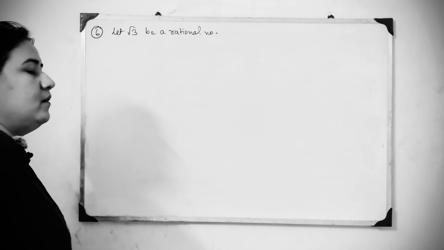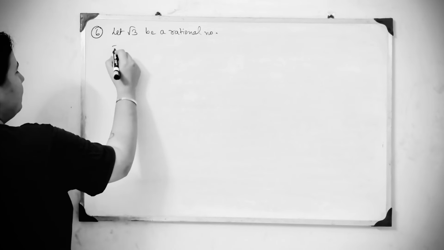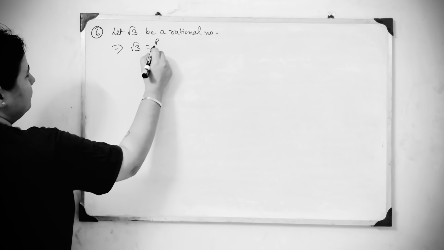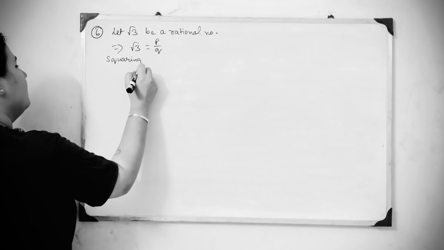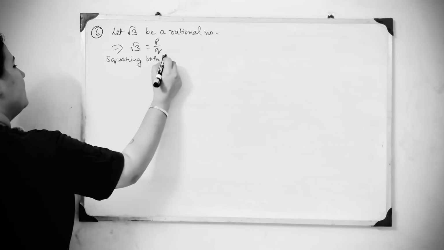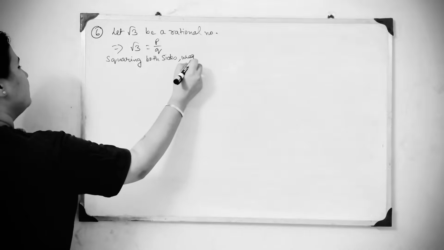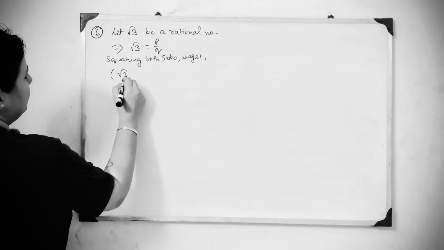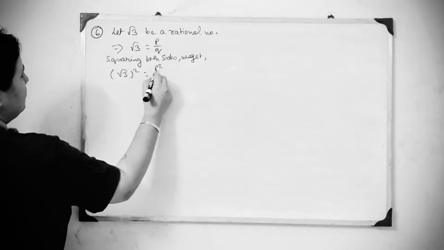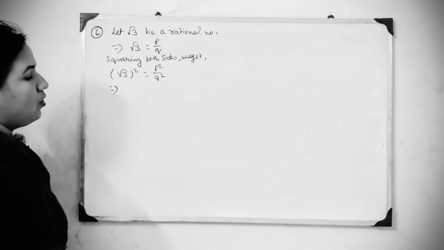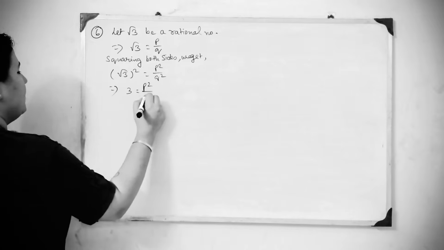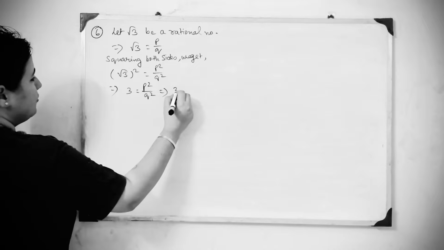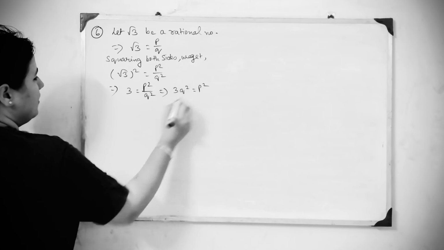So again, if root 3 is a rational number, we can express this in the form of P by Q. Squaring both sides, we get root 3 whole square equals P square by Q square, or 3 equals P square by Q square, which implies that 3Q square equals P square, right?